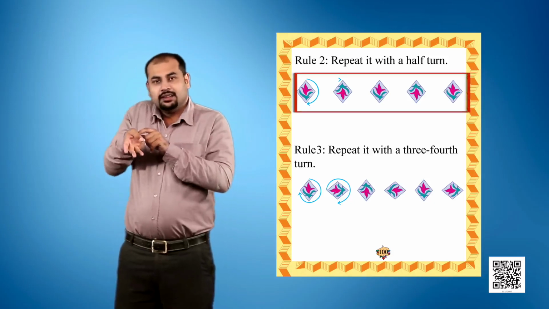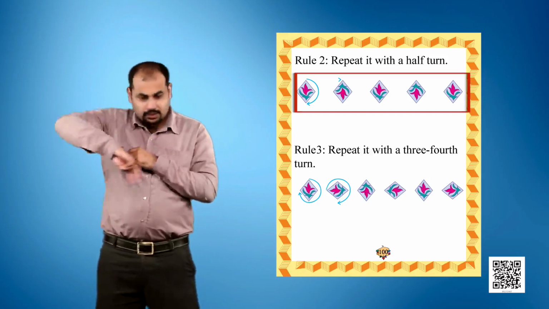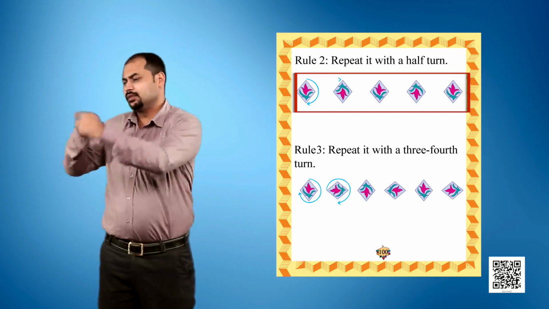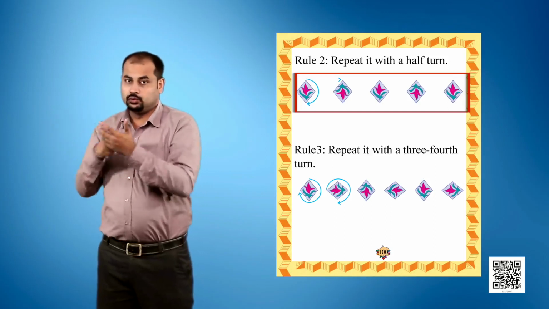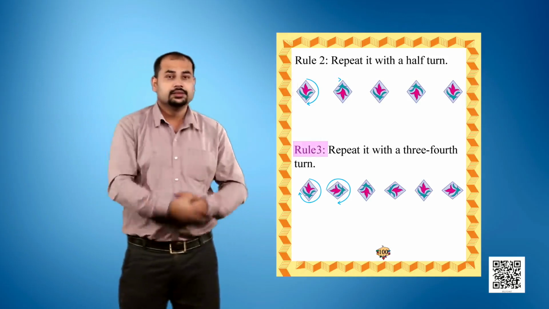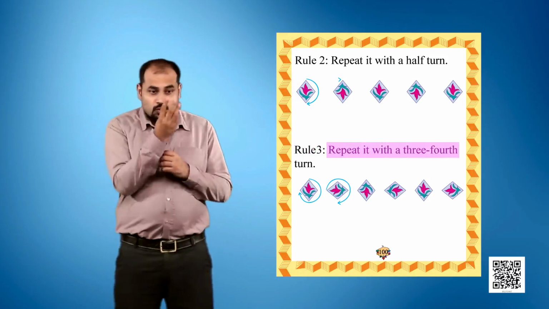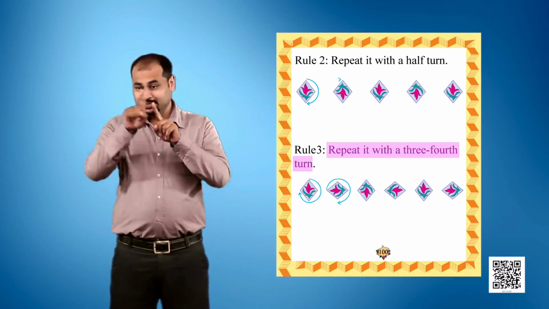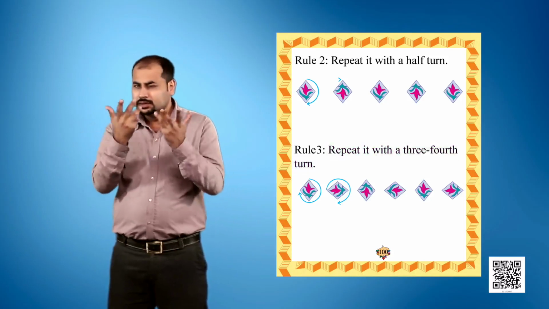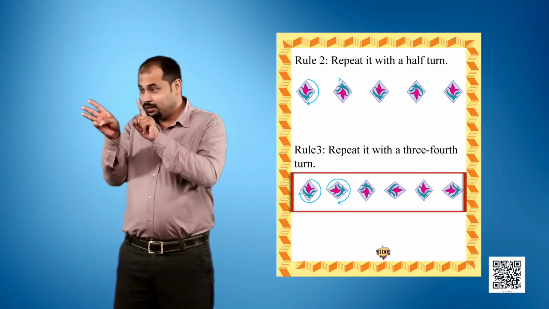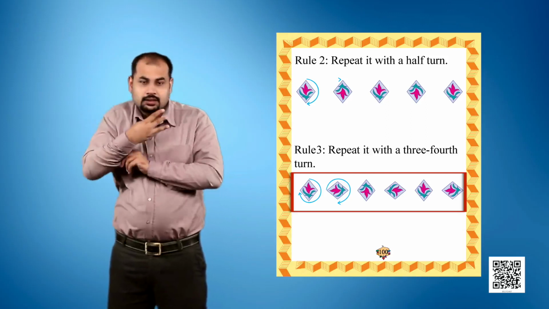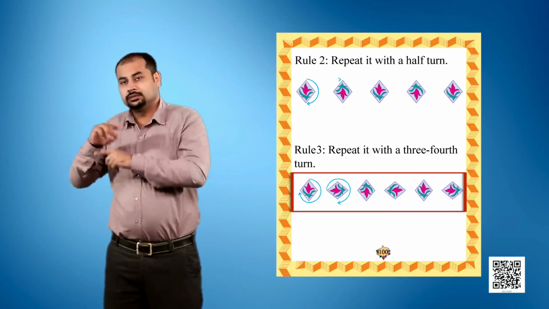Below this, again, we have a series of pictures indicating this half-turn repeat. Rule 3. Repeat it with a 3/4 turn. And again we have a series of pictures where this block is repeated with a 3/4 turn.